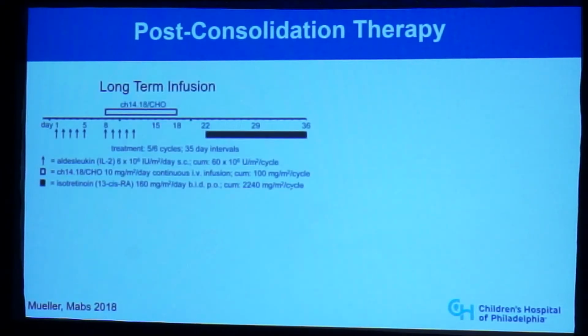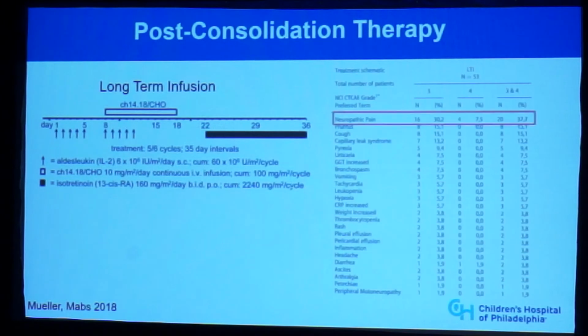And so the next question that has been asked is about a little different way to give the dinutuximab and whether IL-2 in that context would improve outcomes. So this is work that's based on Holger Lode's studies looking at a long-term infusion of dinutuximab in combination with interleukin-2.